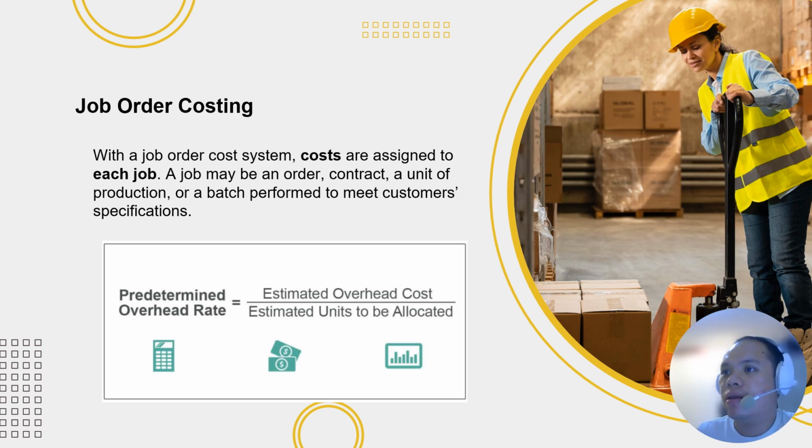In this one, we also need to determine the overhead rate for the job. We can use this formula: estimated overhead cost over the estimated units to be allocated. This is based on the cost allocation, or I mean the cost pools that we need to include in this solution.